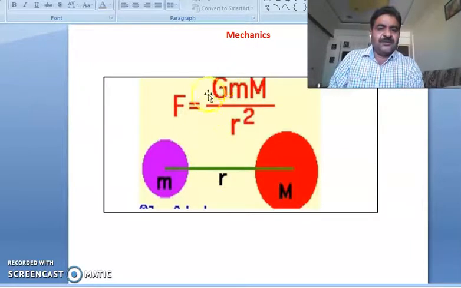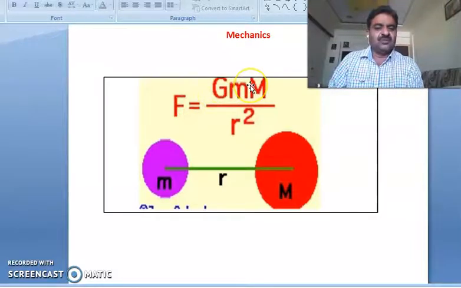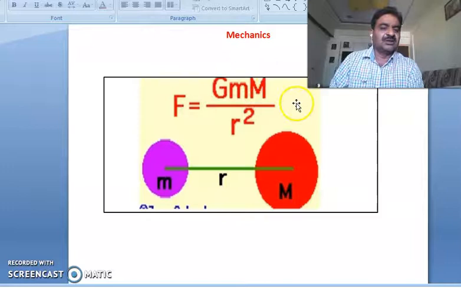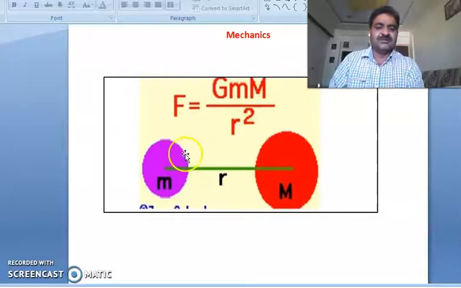If we remove the proportionality sign and take a constant, suppose capital G, then F is equal to G m M upon R square. Here small m is the mass of the object over the earth, capital M is the mass of the earth, and R is the distance between the center of the object and the center of the earth.